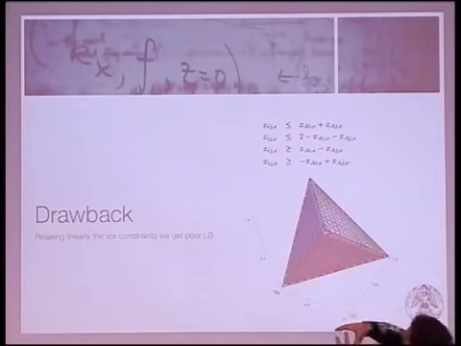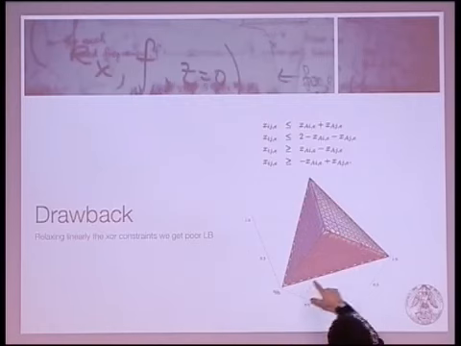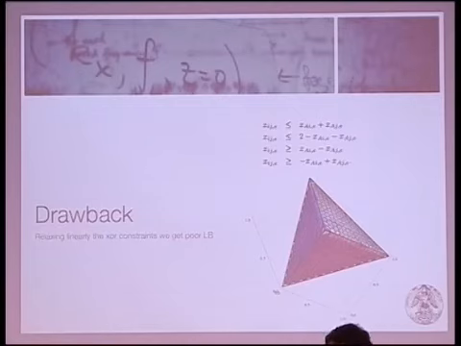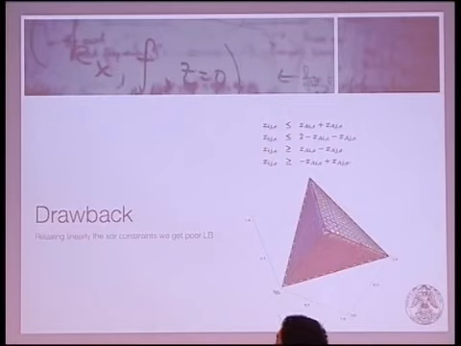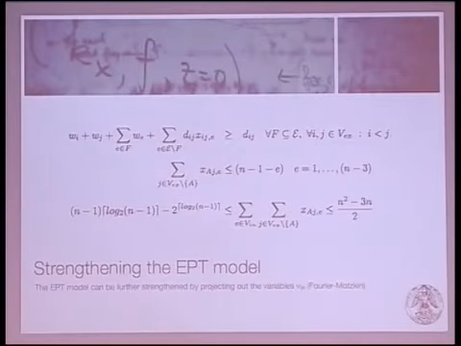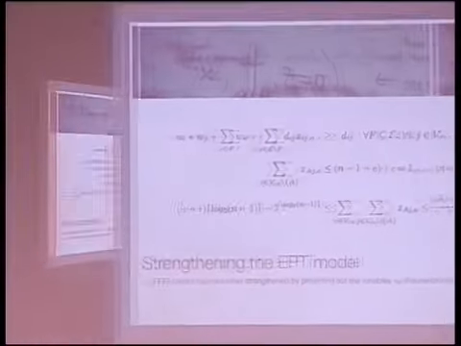This is a sort of 5 pyramids in which the extreme points are integer points, and when you try to relax, you fall inside these pyramids, and the relaxation is really poor. I have to jump. It is possible to strengthen the model by a Fourier-Motzkin approach.